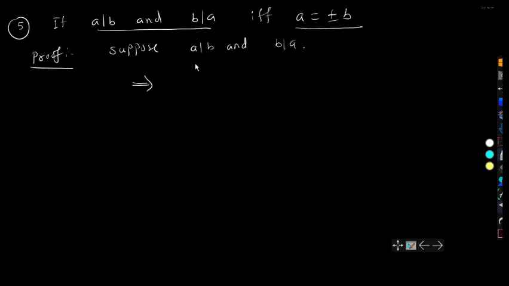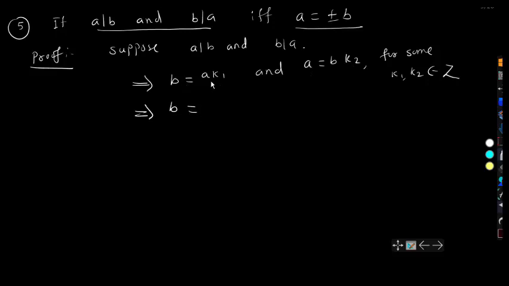This implies what? A divides B means B is a multiple of A. So B equal to AK1, and similarly B divides A means A is a multiple of B, A equal to BK2, for some K1, K2 belongs to Z. This implies that, see here, A is BK2 and B is AK1. So B is equal to BK2 K1.